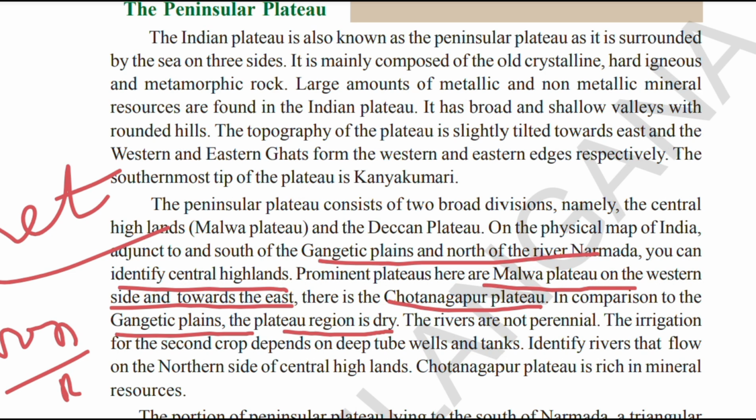Hence the area of the Plateau is dry. The rivers are not perennial, as mentioned here, and the irrigation for the second crop depends on deep tube wells. So we know that the peninsular plateau is dependent on deep tube wells. And one more thing given here: identify the rivers that flow on the northern side of the Central Highlands.